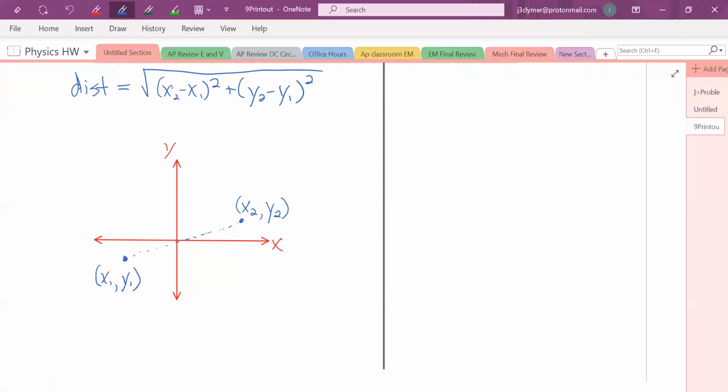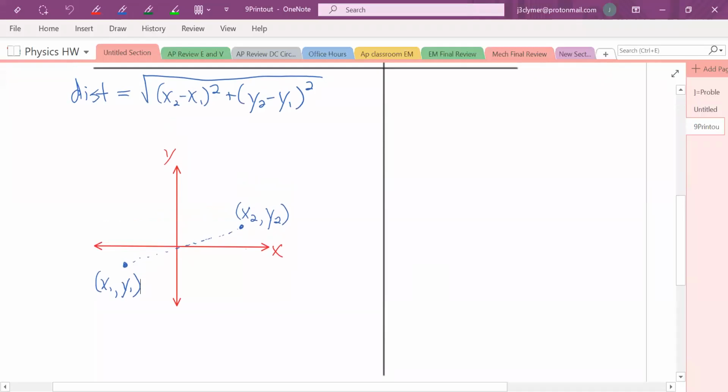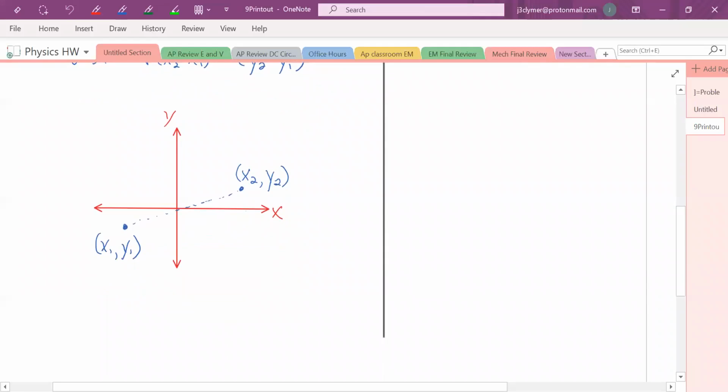Now if you want to plug into that distance formula, you would need 2 specific points. But let's go ahead and look at where the distance formula comes from first. We could create a triangle if we want, and that triangle will look something like this. We have a leg here, and we have a leg here. I'm trying to draw straight lines, but that's okay. On your paper, you don't necessarily have straight lines either.